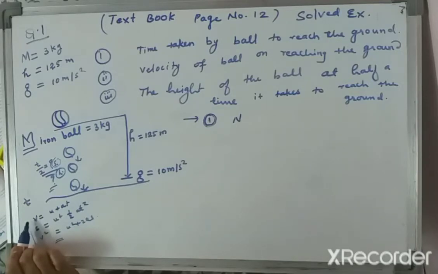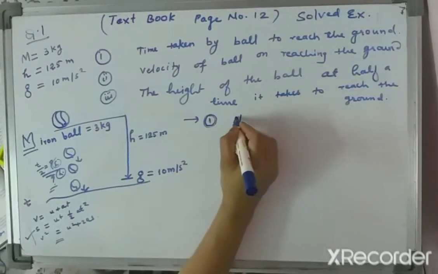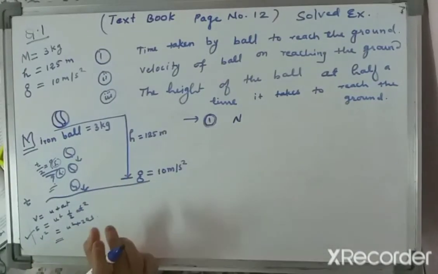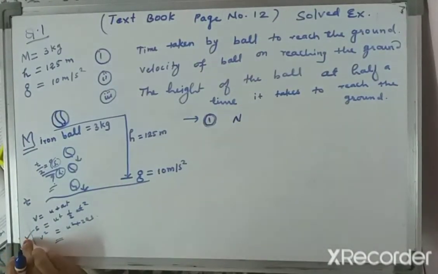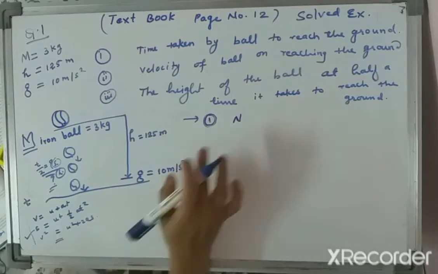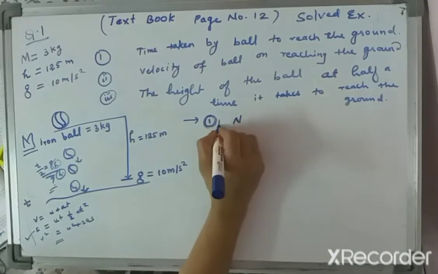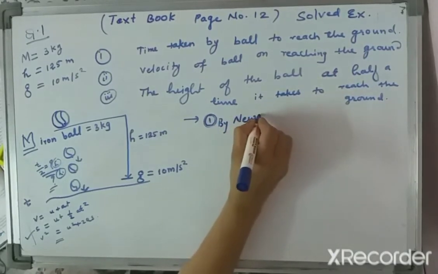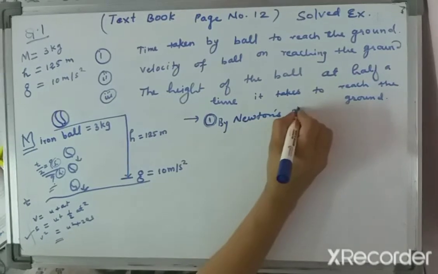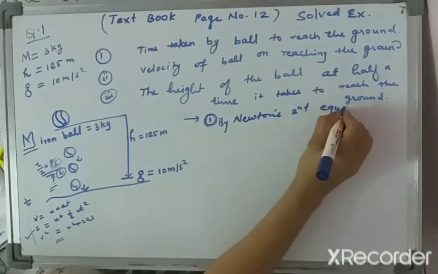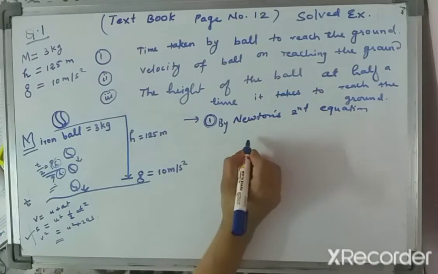In the first expression, velocity is not given, so we will not use that expression either. We will use the second equation of motion for calculating time. So by Newton's second equation.